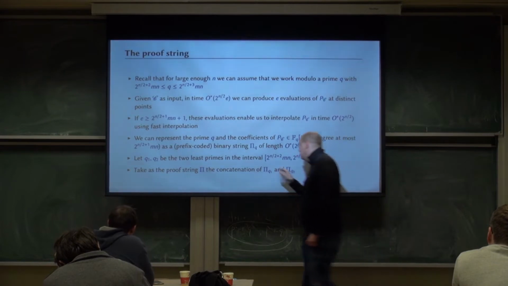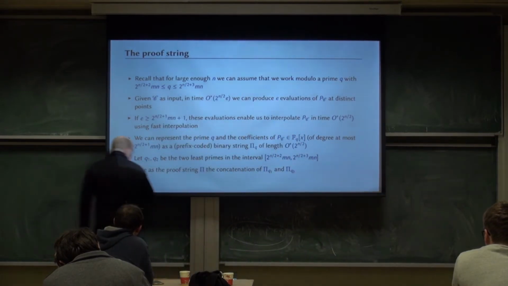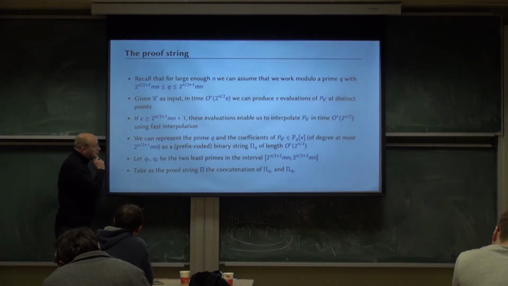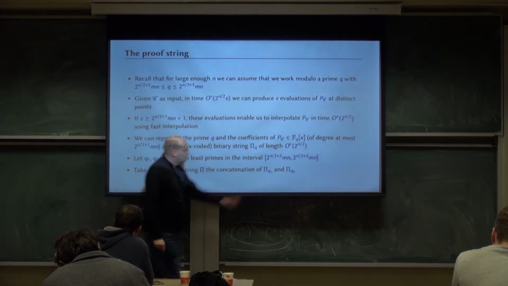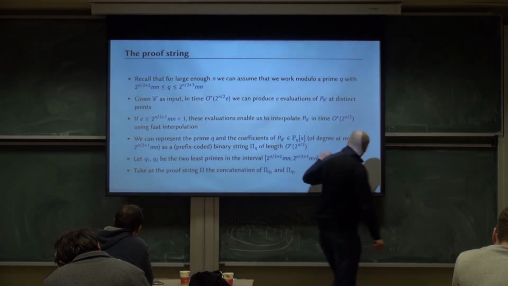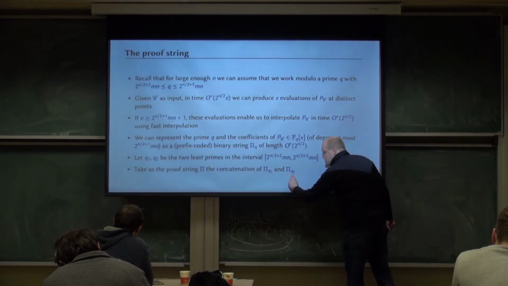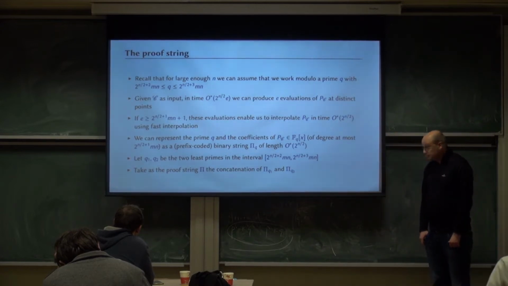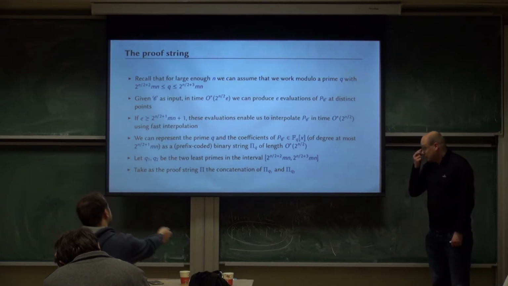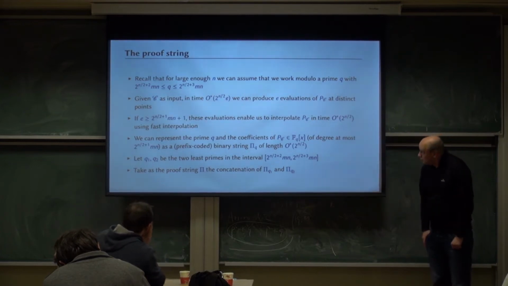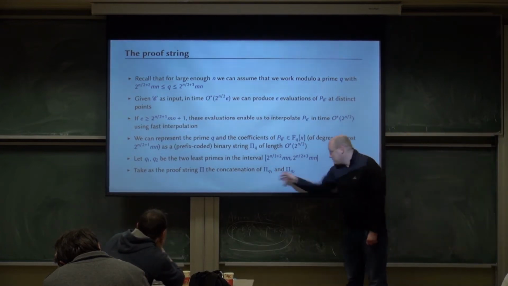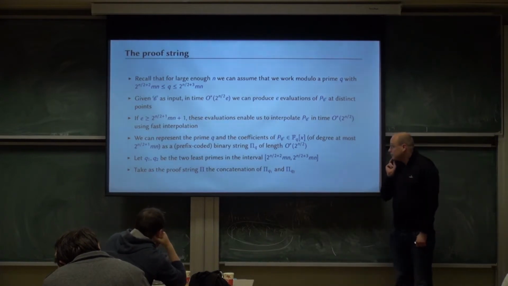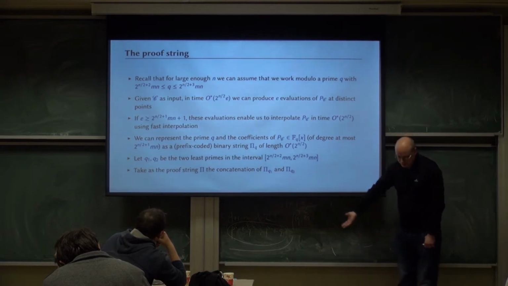Okay, so we have the proof string as depicted here. It consists of the two primes, Q1 and Q2. Together with each prime, we represent the coefficients of this polynomial modulo the chosen prime. We need the two primes so as to be able to recover the count of satisfying assignments, modulo more than 2 to the n, using the Chinese remainder theorem, so that given a correct proof we can convince ourselves that things are good.